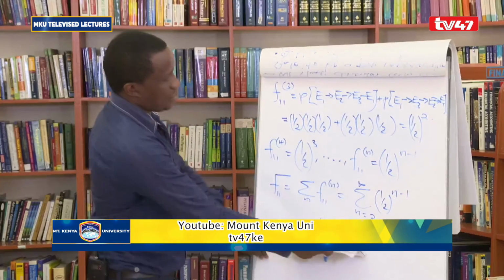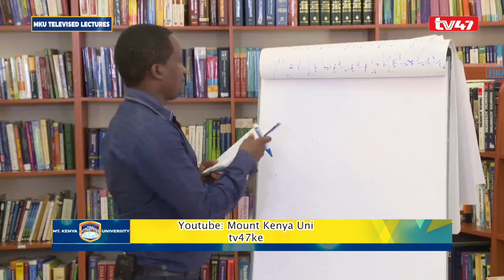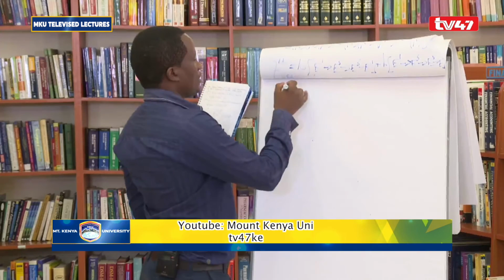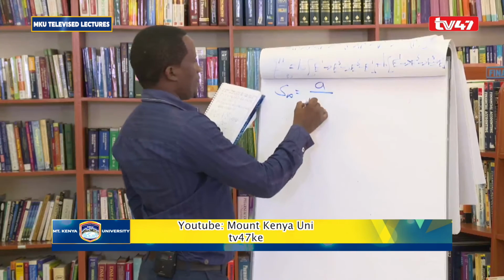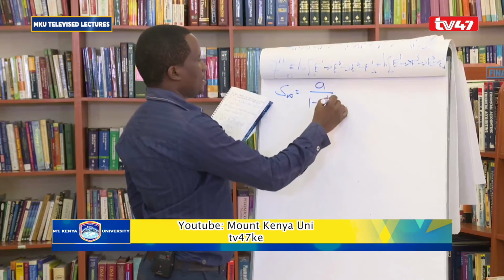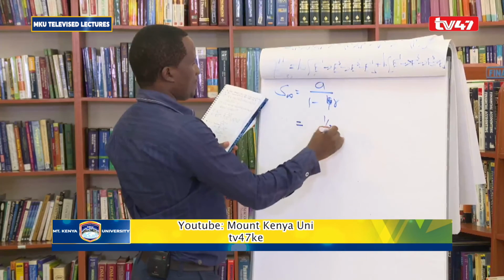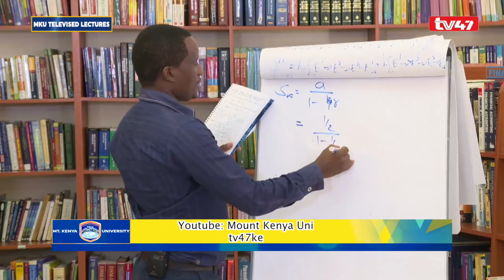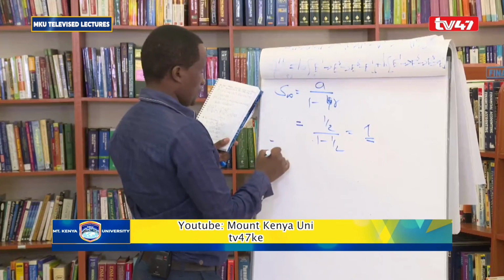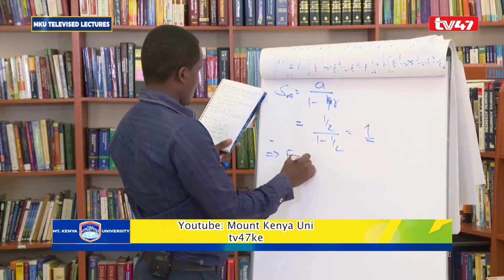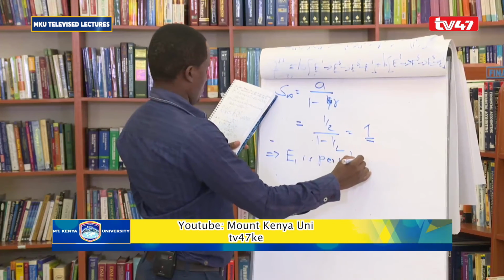So this is a converging geometric series, and therefore we can use the sum to infinity, which is the first term divided by 1 minus the common ratio r. So in our case, we have a half divided by 1 minus a half, which is 1. And therefore, this implies that E1 is persistent.